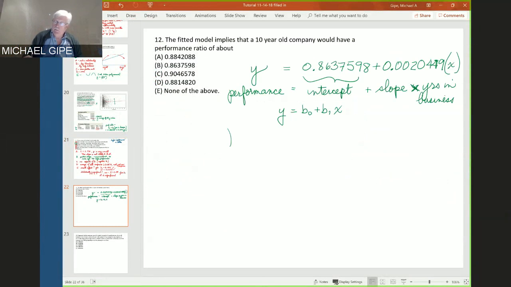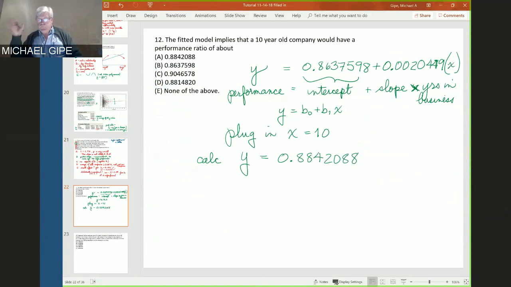So let's go ahead and plug in 10 for x, and we calculate y to be 0.8842088. So 0.864 plus 0.002 times 10 is 0.884. Not a big change, but that's what the performance ratio comes out to be.